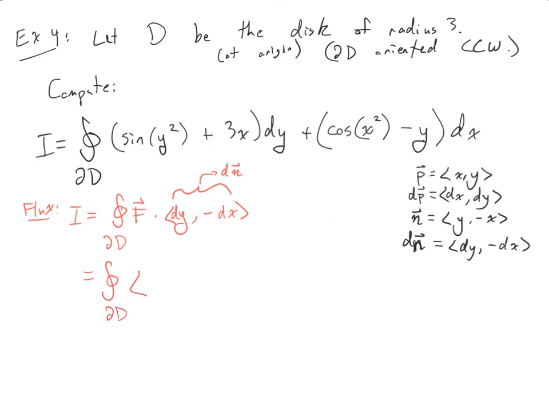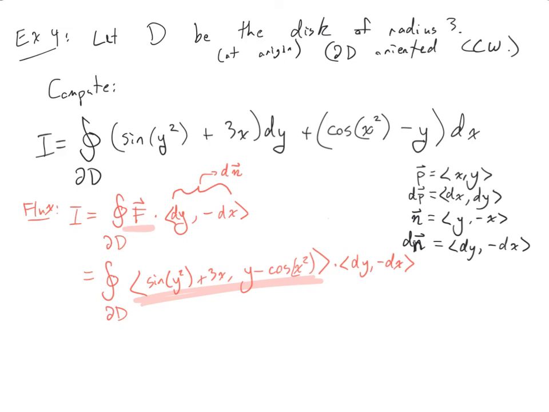F has to be sine y squared plus 3x, and then to get a negative on dx, I actually have to flip the order of the terms over here. So I get y minus cosine x squared dot dy, minus dx. And so the negative is just going on the right part of the dot product rather than the left. And so critically, I'm using this vector field here for my flux integral.